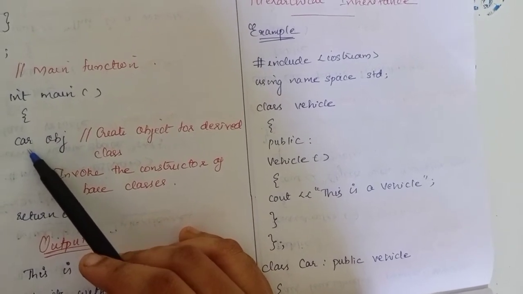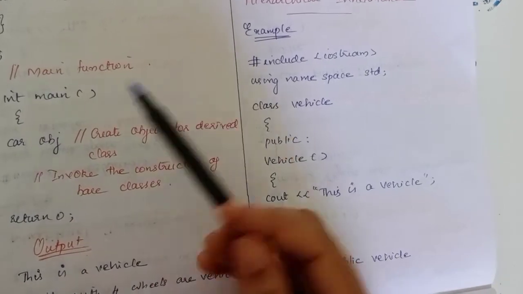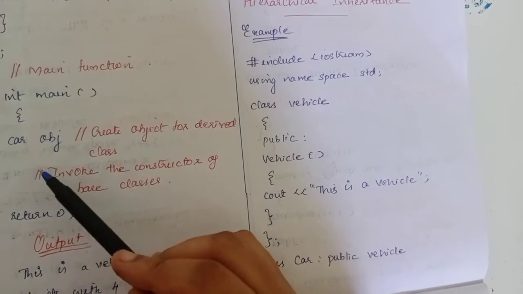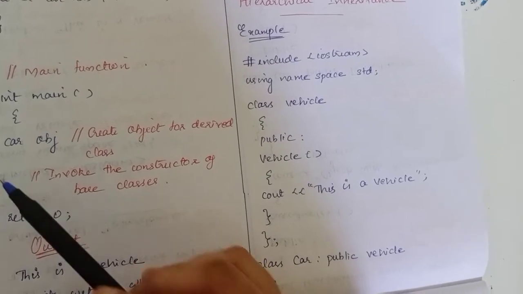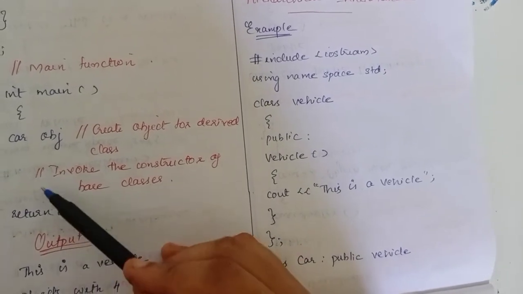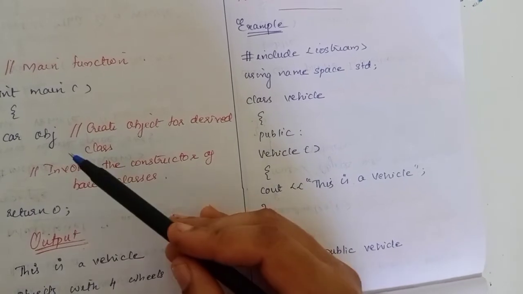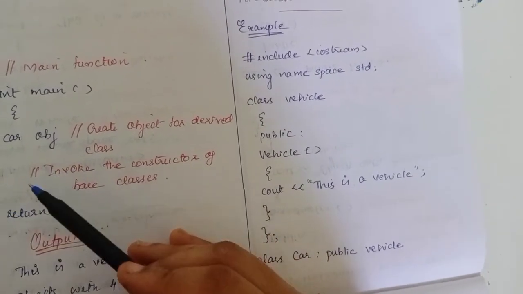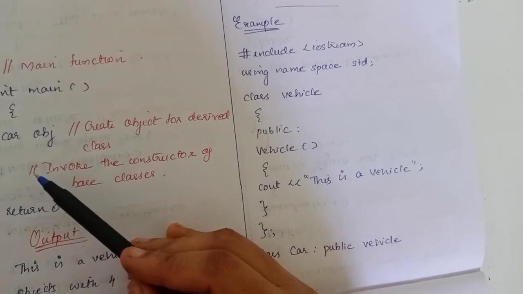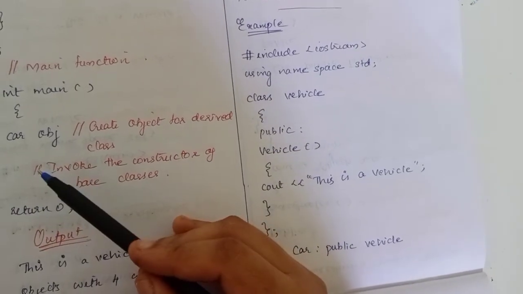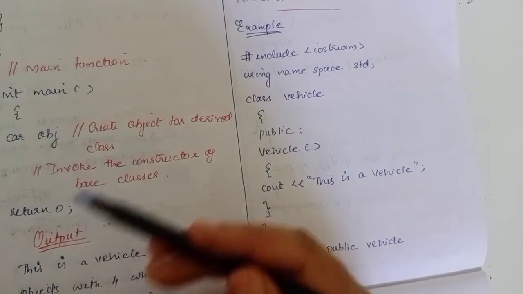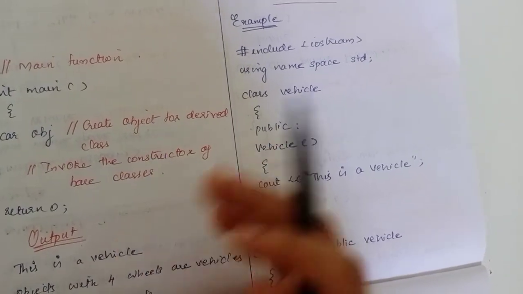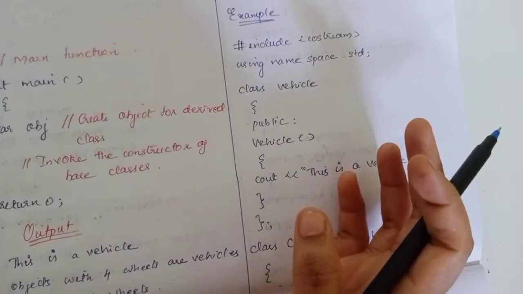So car is the subclass of the base class four-wheeler, and four-wheeler consists of one constructor named four-wheeler. That is also invoked. Then again four-wheeler is the derived class of the main class vehicle. So vehicle's constructor is also invoked. So all the constructors are invoked.